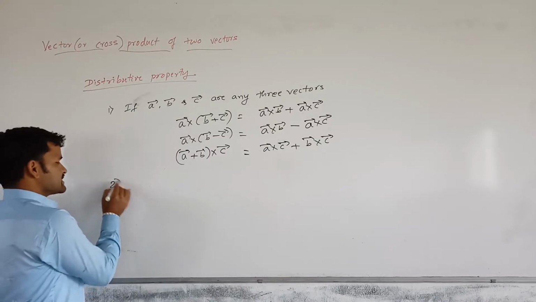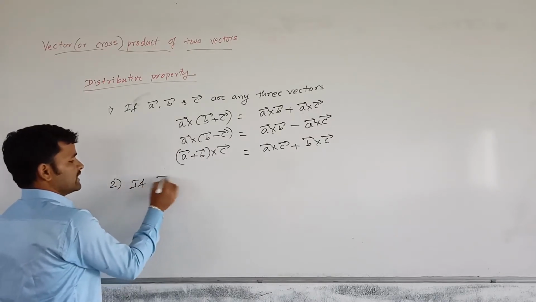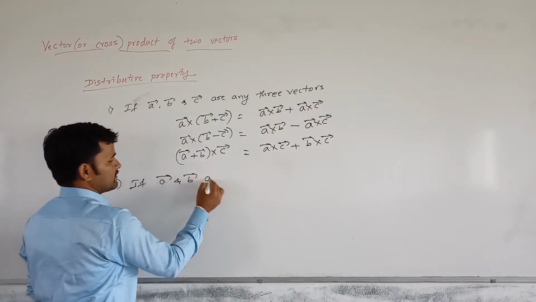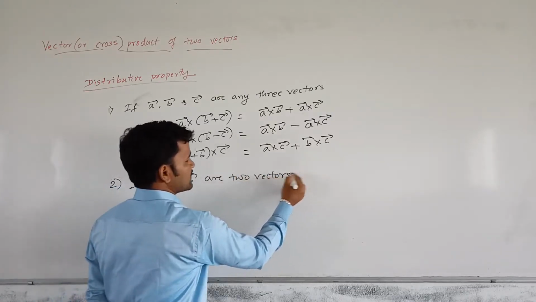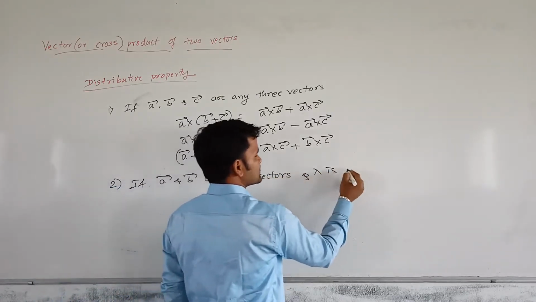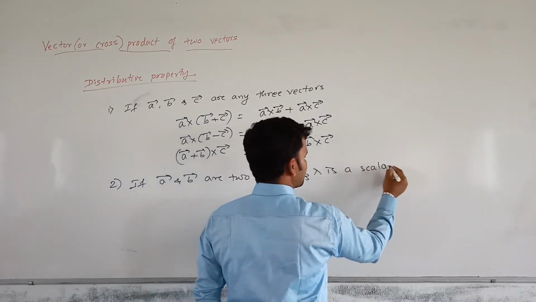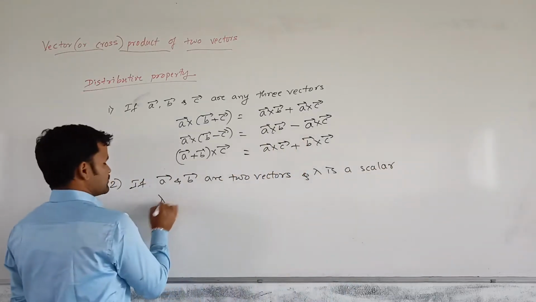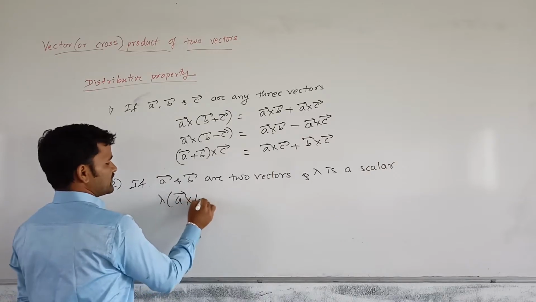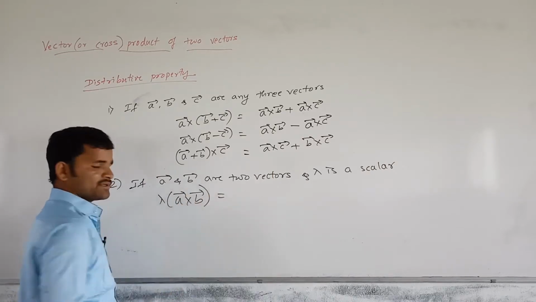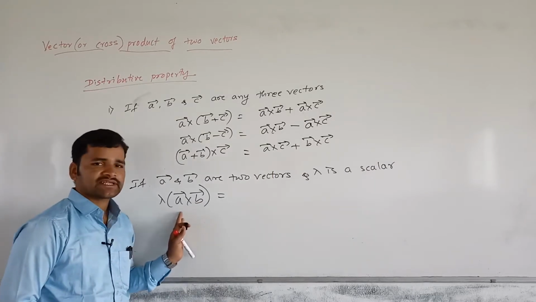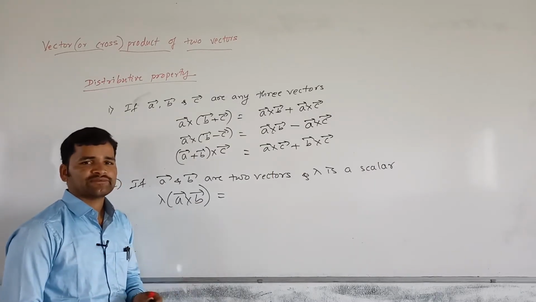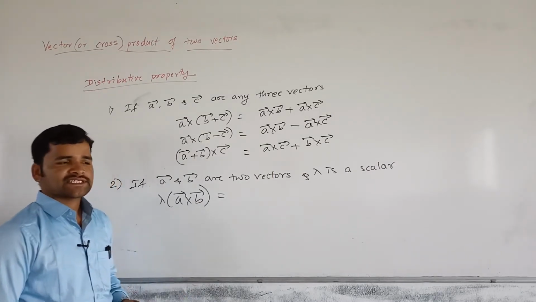And the second one is that if A and B are two vectors and lambda is a scalar, suppose we have lambda into (A cross B). This lambda can be multiplied with vector A or with vector B, with no change in the value.